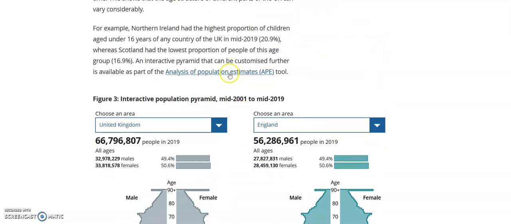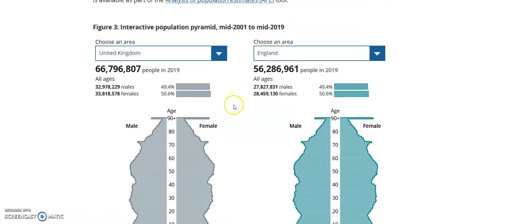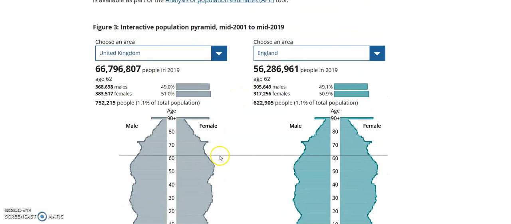Since we're talking about the working age 16 to 64, you could select just above.